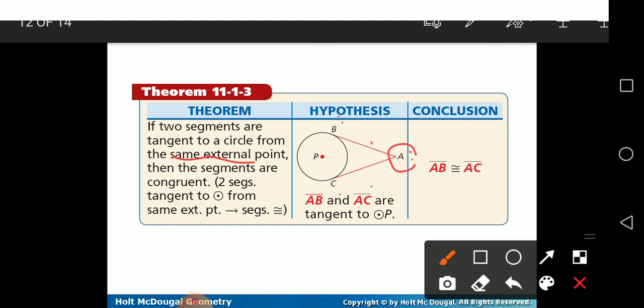They meet at a point and intersect the circle, then the segments are congruent to each other. So AB is congruent to AC.